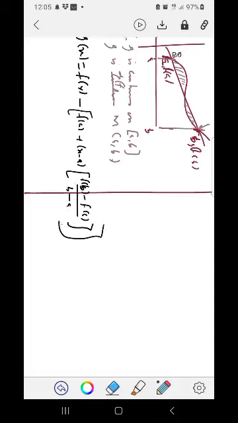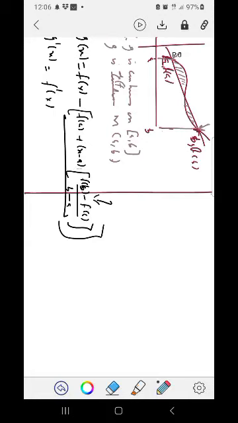So now let's differentiate this. g prime of x will be f prime of x, that's the derivative, and this is a straight line. If you differentiate a straight line, you definitely get its slope.